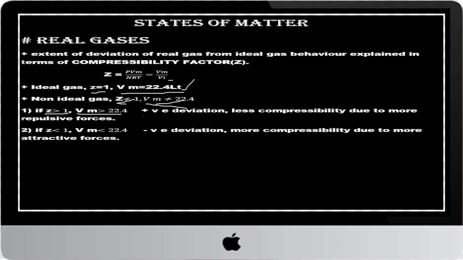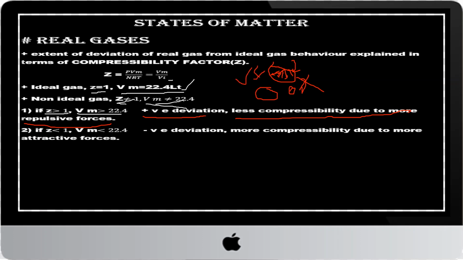It undergoes positive deviation, and it has less compressibility due to more repulsive forces. See, if you assume a balloon, if the repulsive forces are more, meaning the pressure exerted by the gas molecules on the surface is high, then if you try to compress it, it will be compressible only to a small extent, not to a great extent.